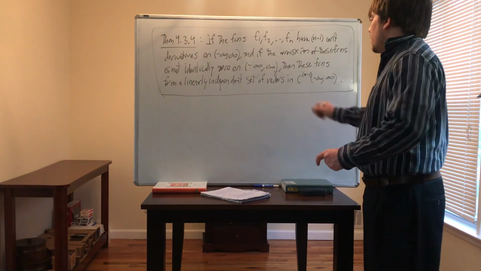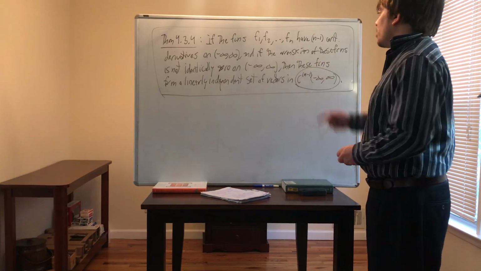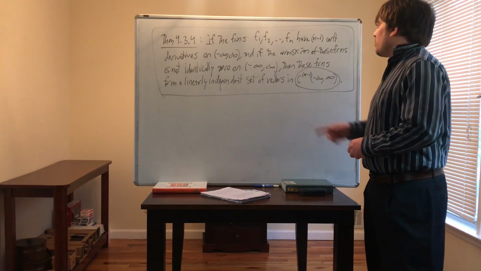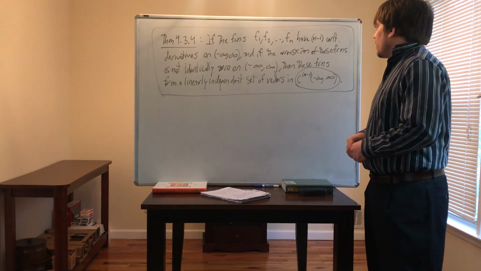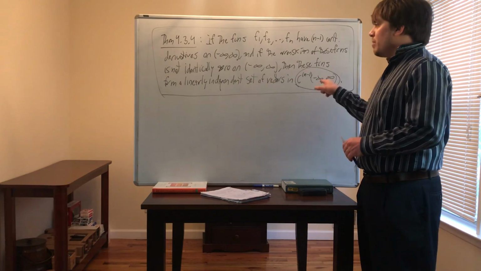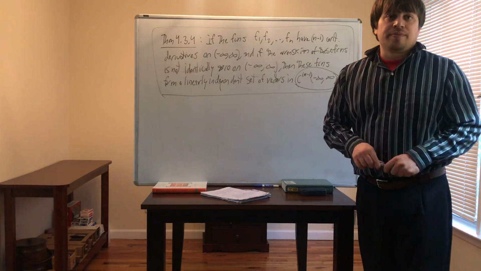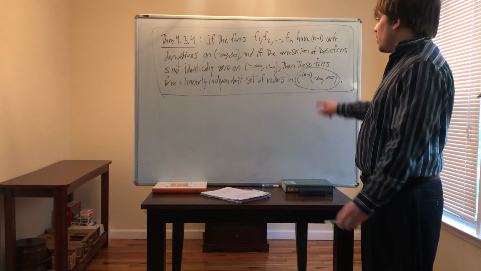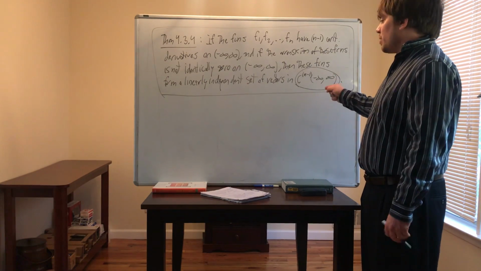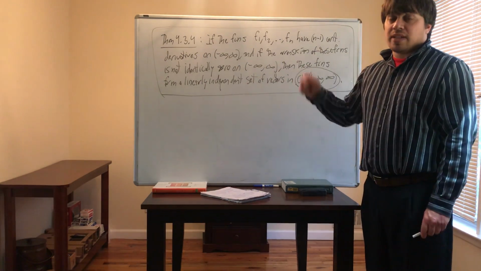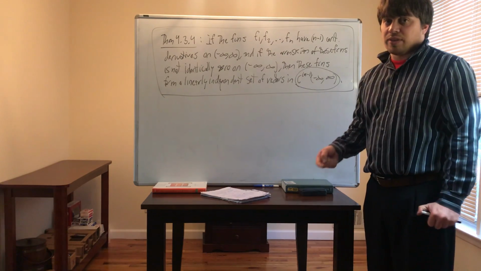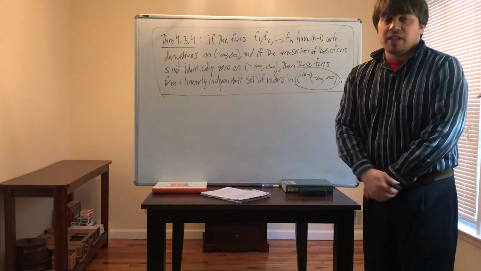And so this is the set of functions that have n minus 1 continuous derivatives on the real line. That means these are functions that are continuous, with a first derivative that's continuous, second derivative that's continuous, third derivative that's continuous, up to and including the n minus first derivative that's continuous.